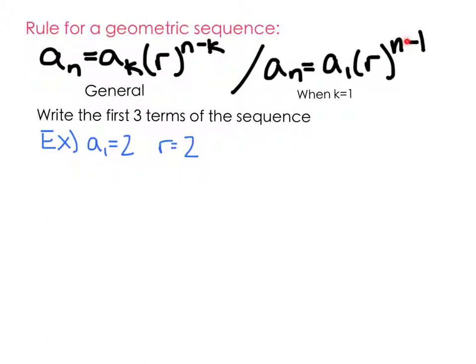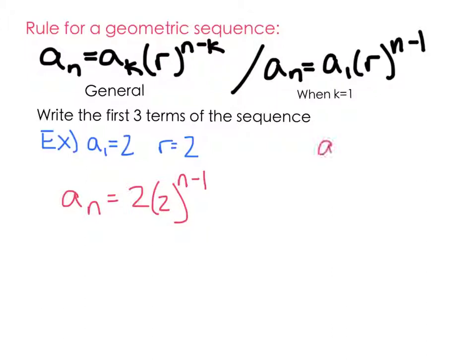Okay, so to write the first three terms of the sequence, first we have to figure out a formula for that sequence. So I say a sub n equals a sub 1. What is a sub 1 equal to here? 2. And the r? 2, to the n minus 1. Alright, I'm writing the first three terms of the sequence.